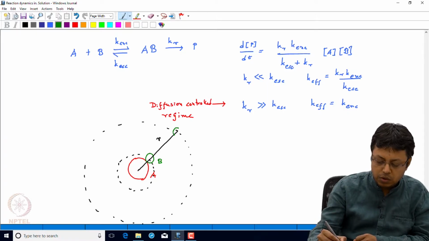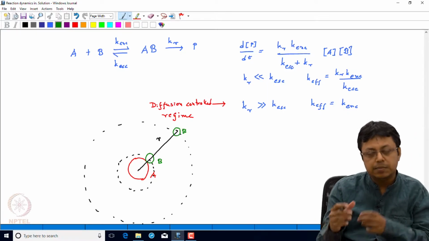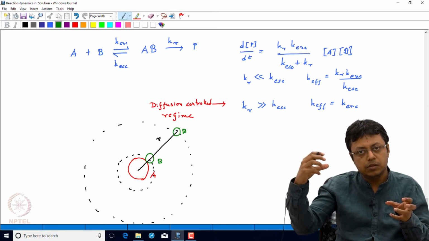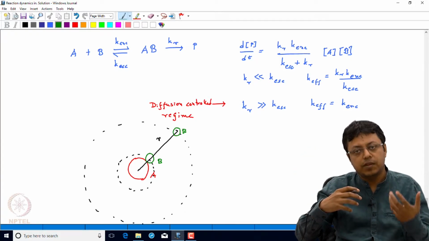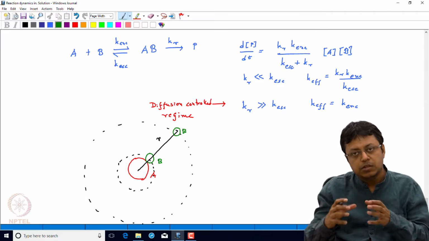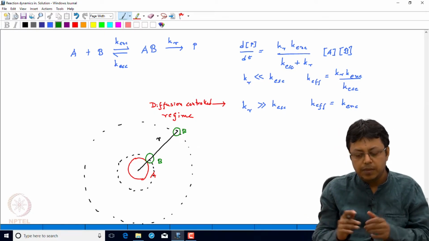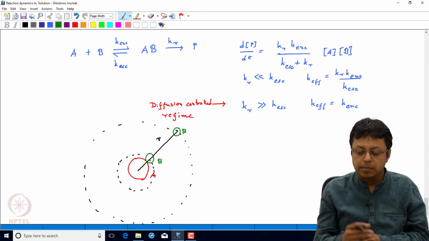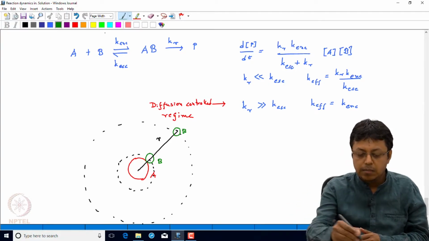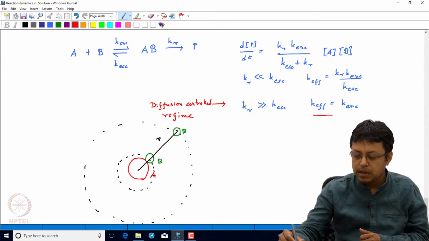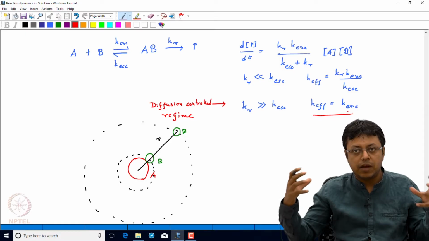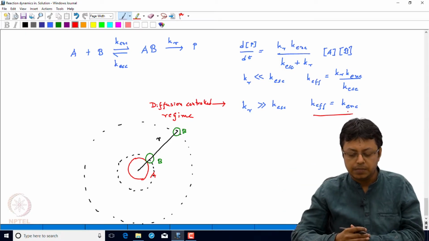So all we have to do is basically calculate what is the flux of these B molecules towards A, or equivalently what is the flux of A molecules towards B. If we can calculate that, then we are done, because that will be connected to my rate constant, because now it is limited by the diffusion as we have seen. So encounter is nothing but basically how they are finding the partners of each other.